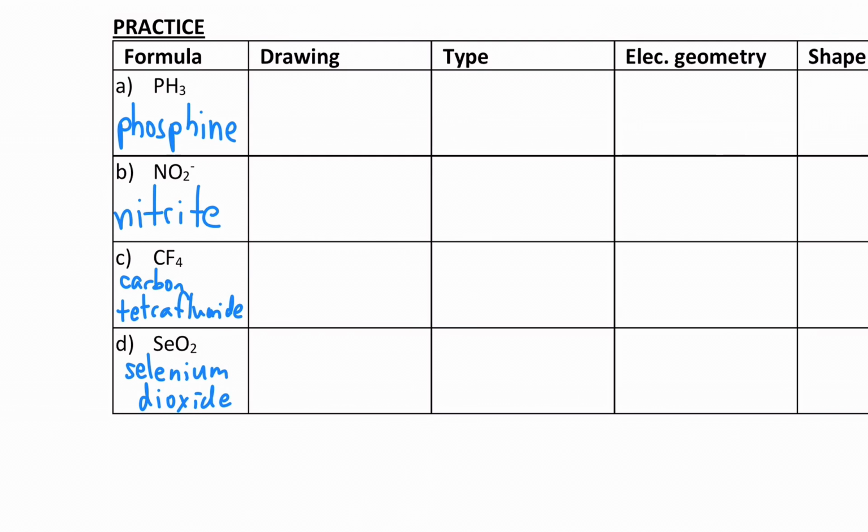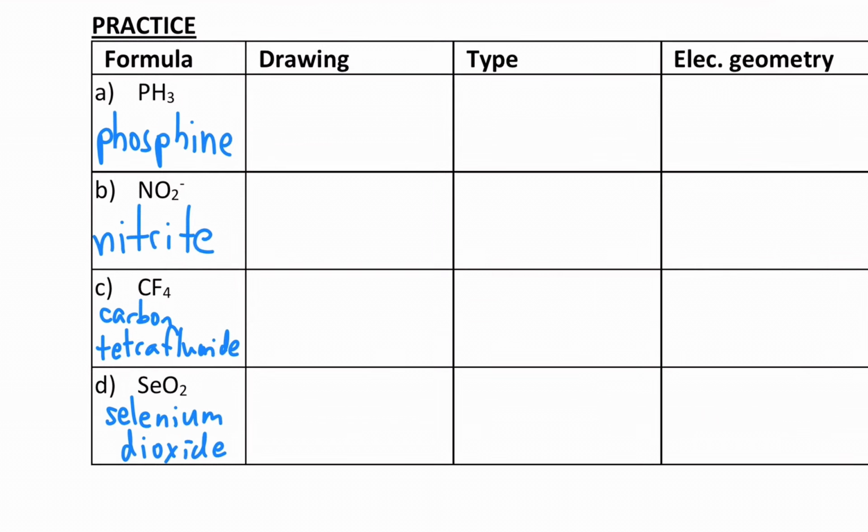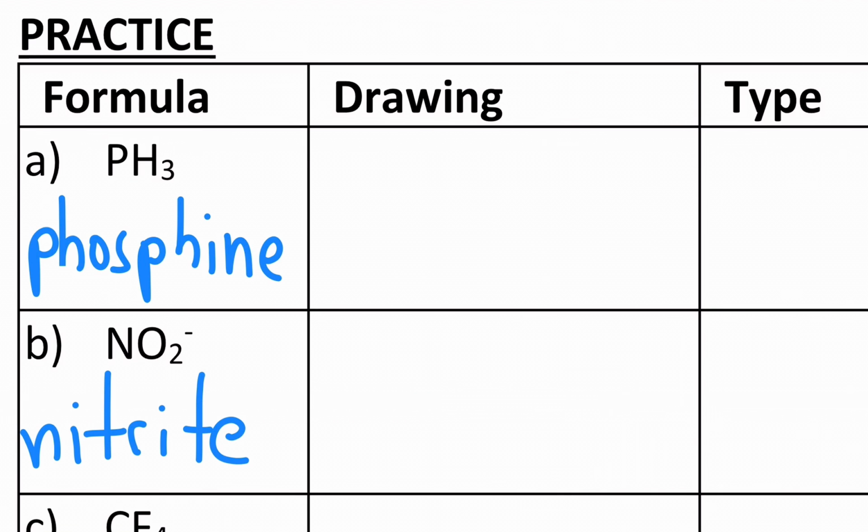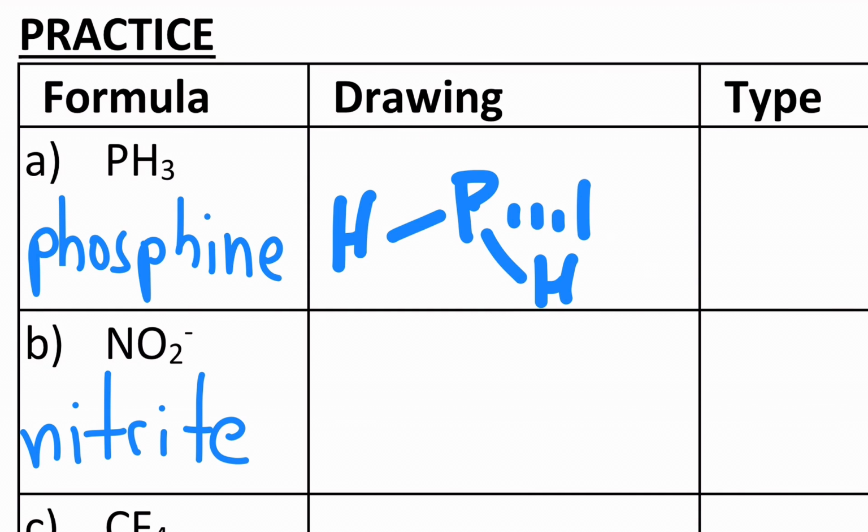So, let's draw one, and let's see if we could actually draw it a little bit in 3D. Phosphine with phosphorus and 3 hydrogens attached would look like that at first, but I can tell that's going to be an AX3E, so this is going to be a pyramidal molecule. And what we do is we start to show some depth in our drawing where we can.